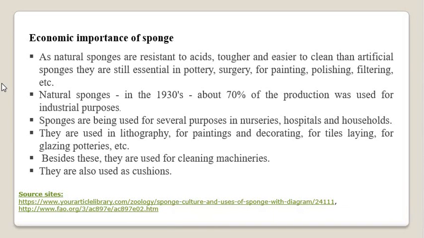Industries are trying to minimize the labor load, and ultimately people are becoming more and more jobless. Okay, fine. So the sponges are now replaced with a number of such artificial things.